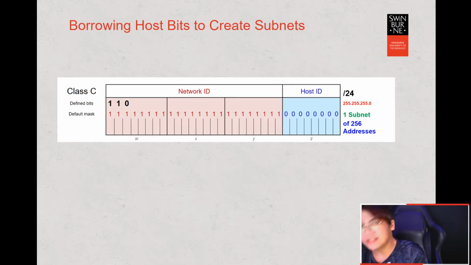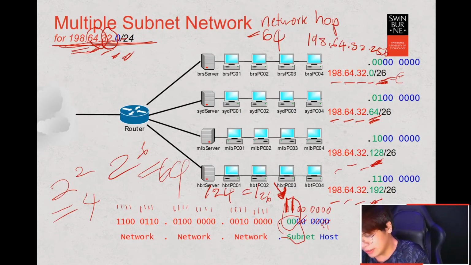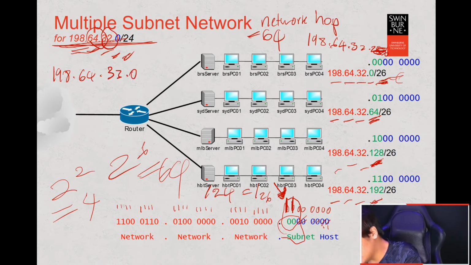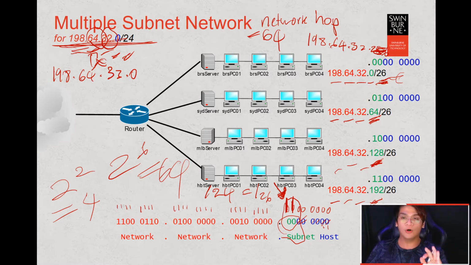So after you add another 64, the IP address will become 198.64.33.0, which is not your network anymore. You will need to practice this again and again, but I will explain more stuff, alright?